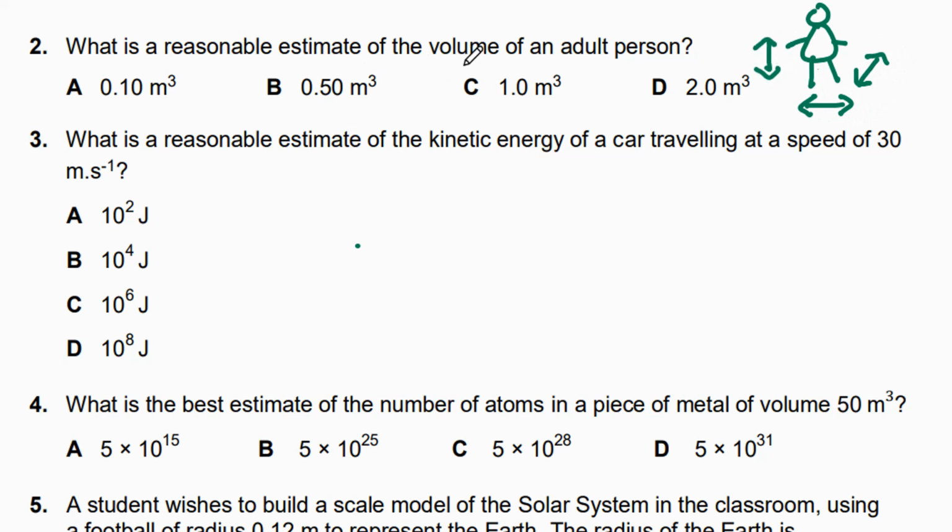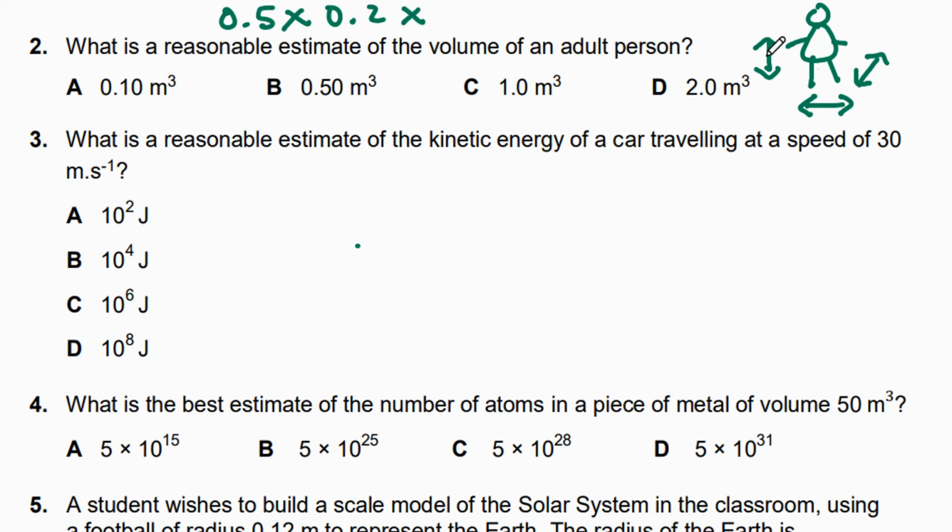And then to get the volume, we would multiply these 3 quantities. So let's try and estimate what they will be. I would say the width is about 0.5 meters or half a meter. The depth about 20 centimeters or 0.2 meters.